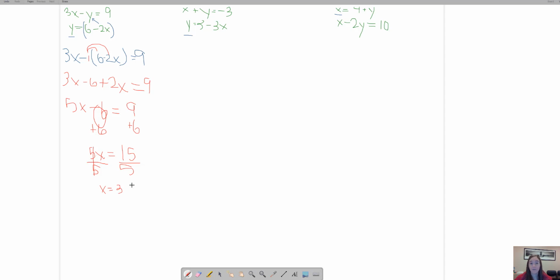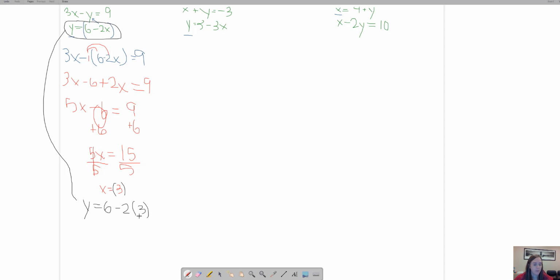Okay, so that's half of your answer. We still need to finish and see what y equals. Okay, so I'm going to come up here, and I'm going to use this equation. So I'm going to bring it all the way down here, and I'm going to say y equals 6 minus 2, and I'm going to take what x equals now and substitute it in for the x right there.